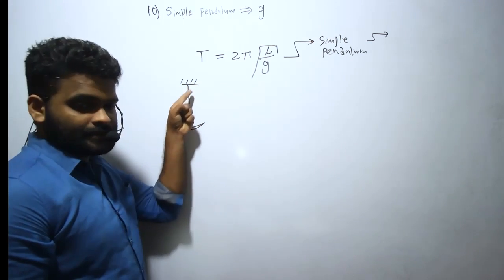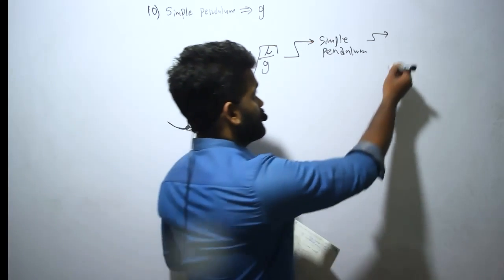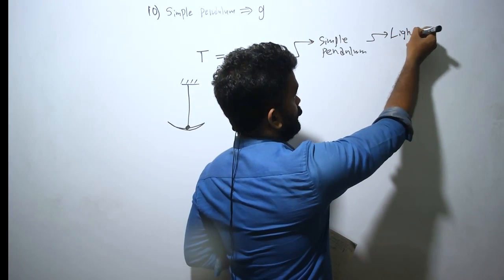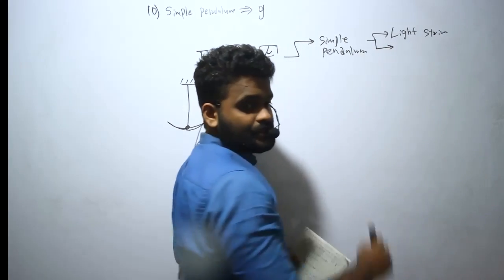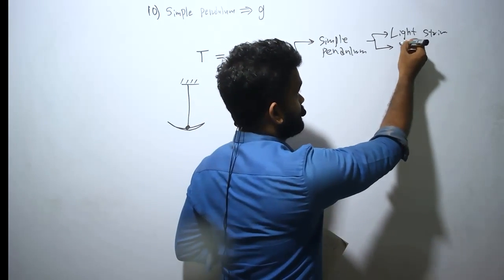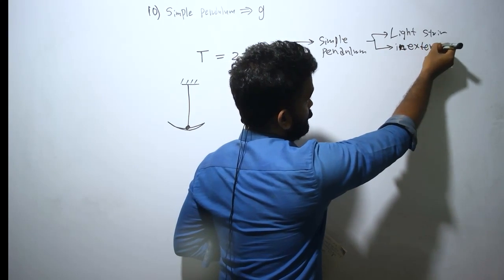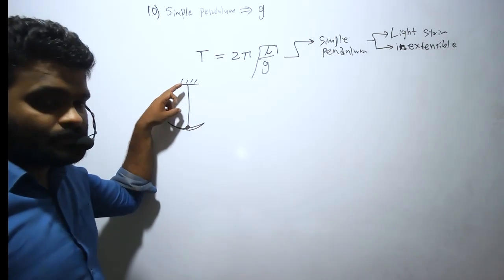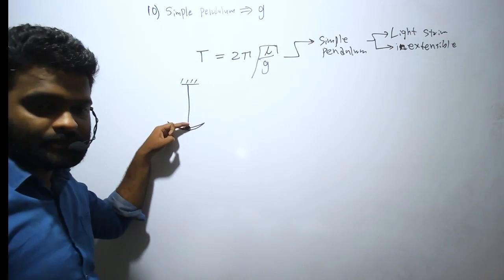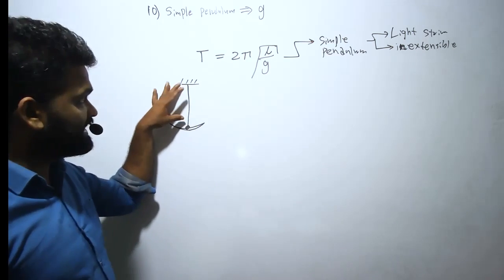This string, not the bob, this string should be light. And the other condition is inextensible. So the length of the string remains the same, right? It doesn't extend. Okay? This should be inextensible.